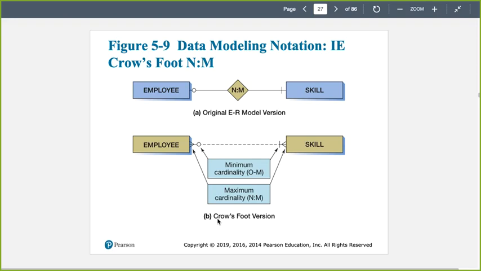If you look at the notation from A to B, there are changes. One of the major changes is that the line from A is a solid straight line, with a diamond or an end-to-end or many-to-many in between. But you see that when we move to the Crowfoot notation, it becomes a dashed line, right? So I hope that you notice those nice small differences.